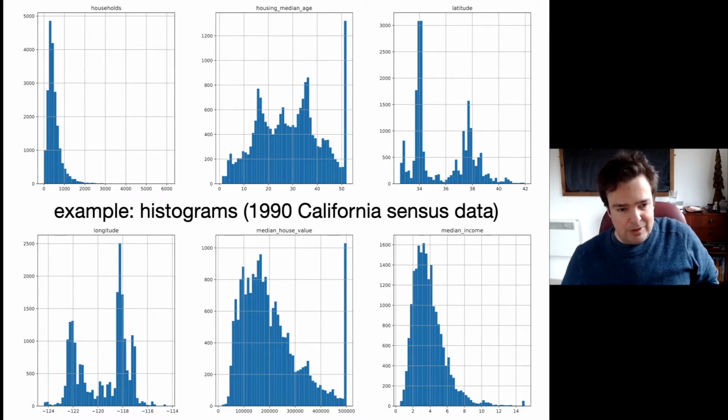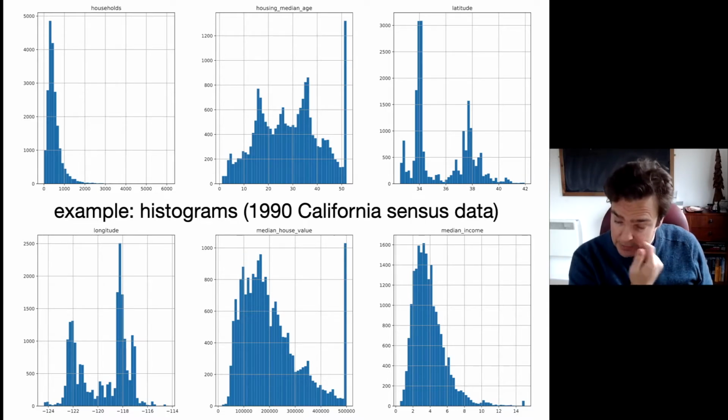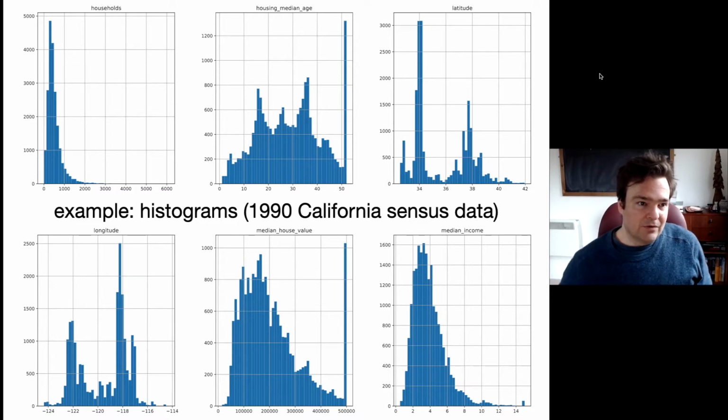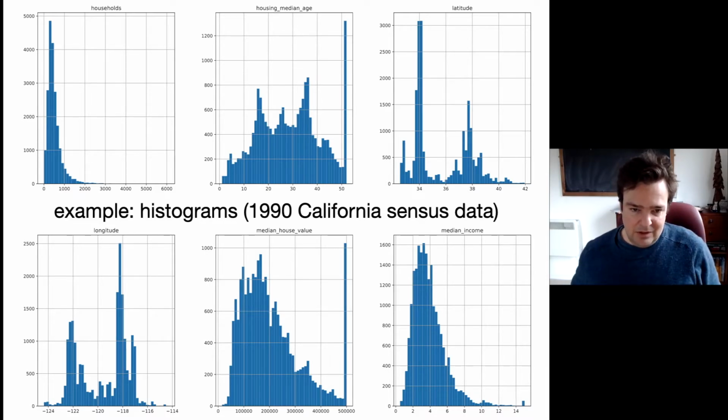I can't remember how many there are for that data set. This is an example of some EDA where you just plot histograms for each of the variates. The horizontal axis is described by the title in the plot, and the vertical axis is the number of occurrences. So it's a single variate plot, really a univariate plot.